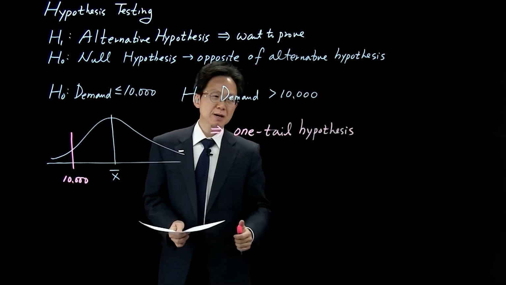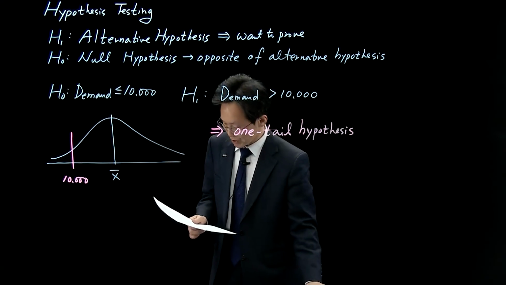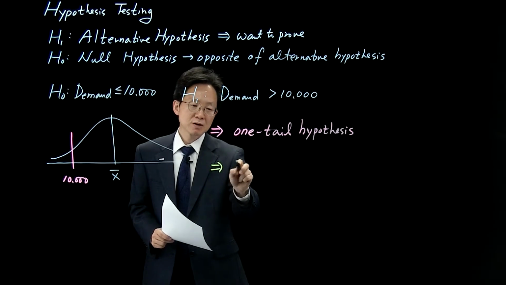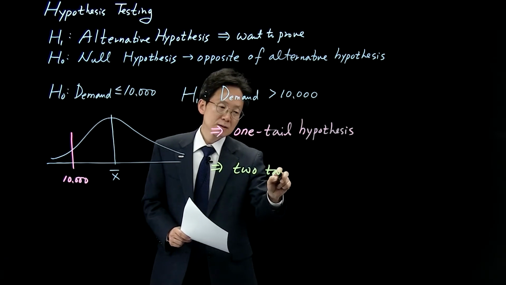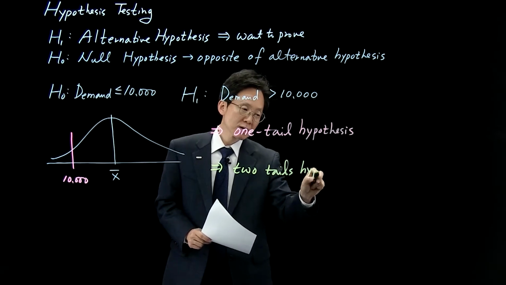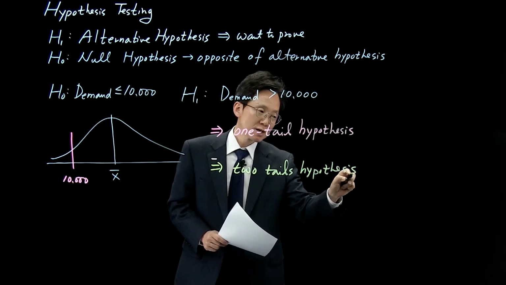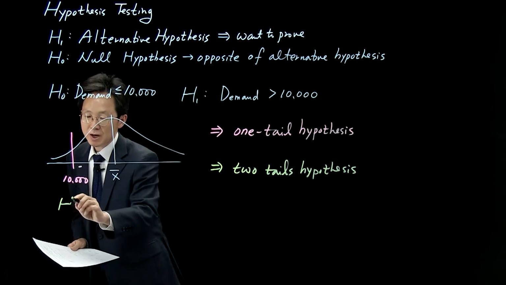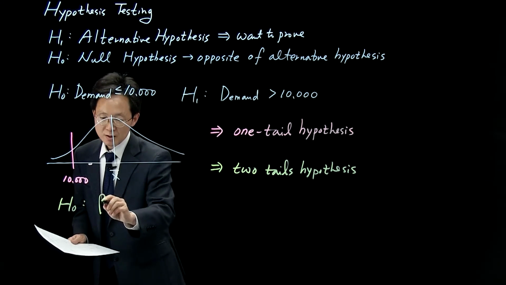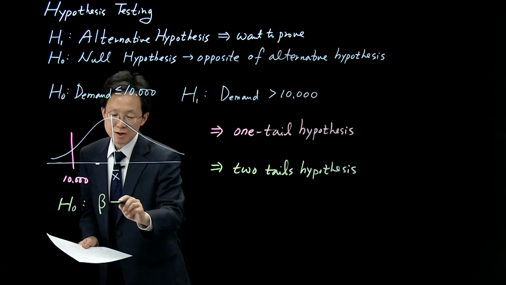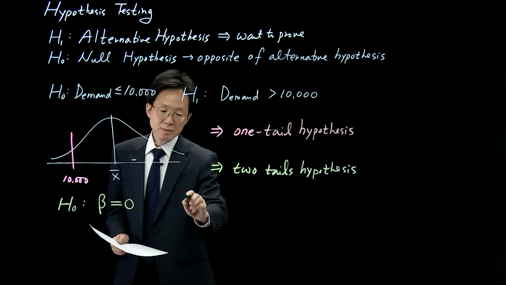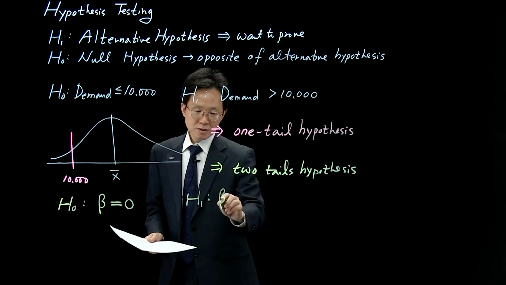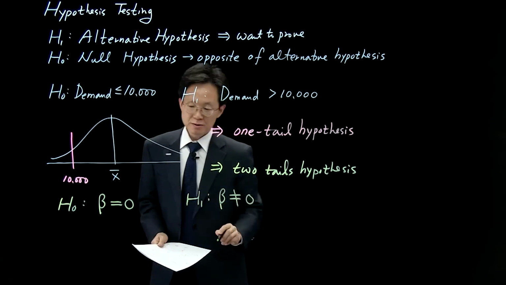And there is another type of hypothesis testing, which is called two-tails hypothesis. In that case, the hypothesis will look like this. In other words, let's say the null hypothesis is saying that some variable or some parameter is 0, and the alternative hypothesis is beta is not 0. Okay?